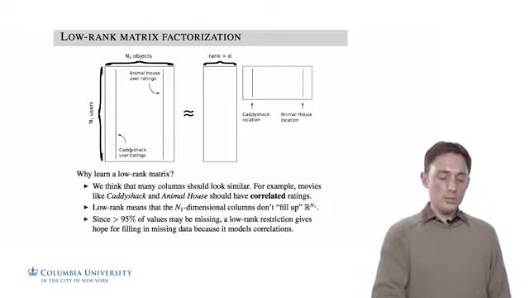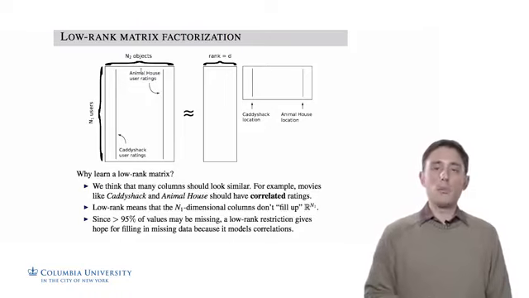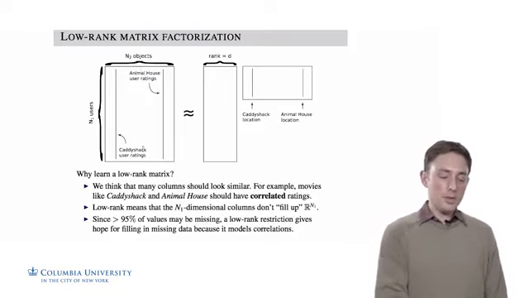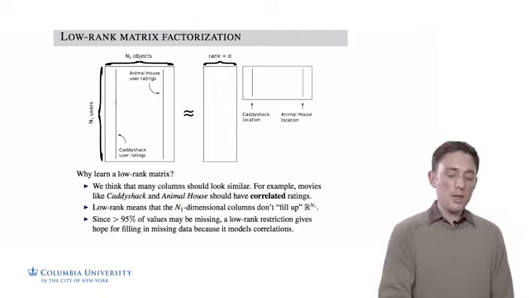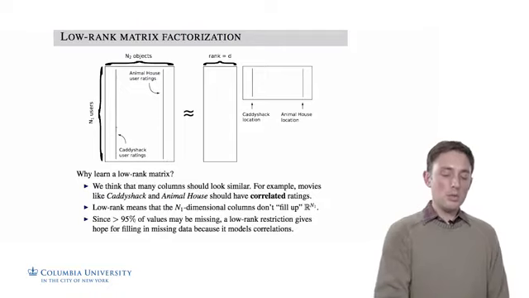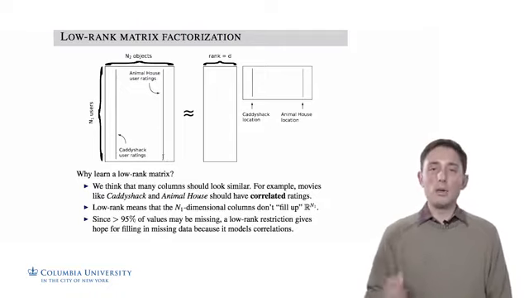Therefore, if a person rates Caddyshack highly, they're also most likely going to rate Animal House highly. On the flip side, if a person hates one of the movies, they're also very likely going to hate the other movie. And so we imagine that the ratings along these two columns are very highly correlated.